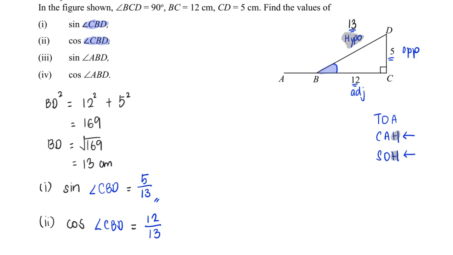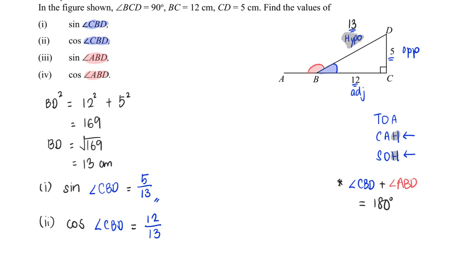Now, let's look at the next two parts where we look at angle ABD, which is this angle. The first thing that I notice is that this is an important thing to take note of. Angle CBD and angle ABD add up to 180 degrees.